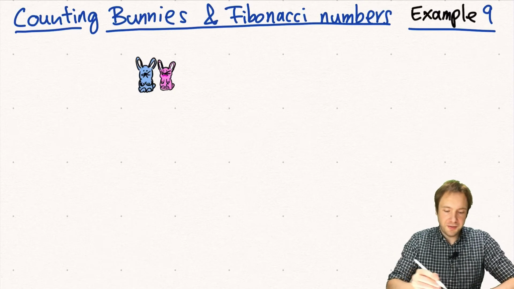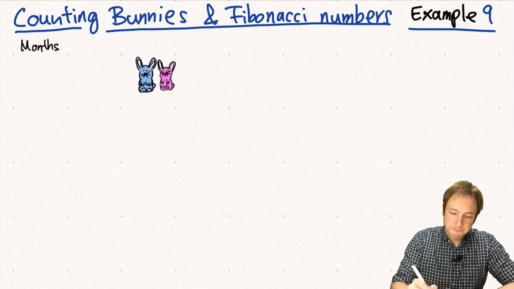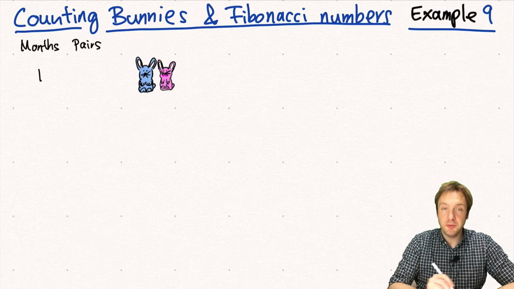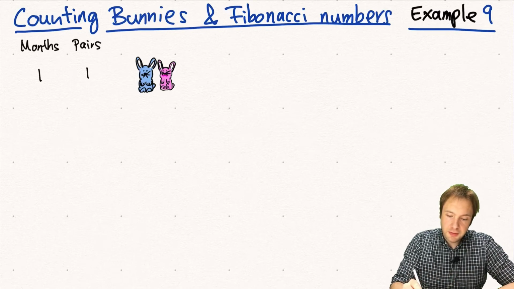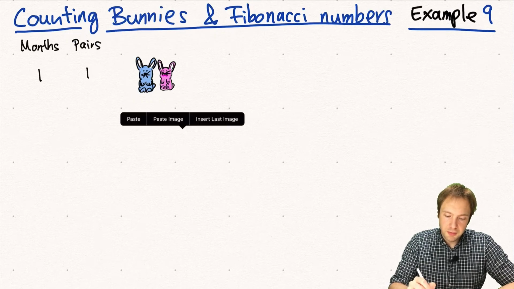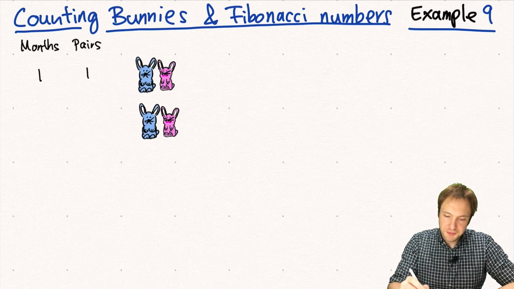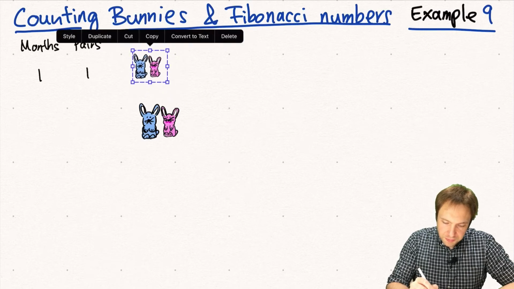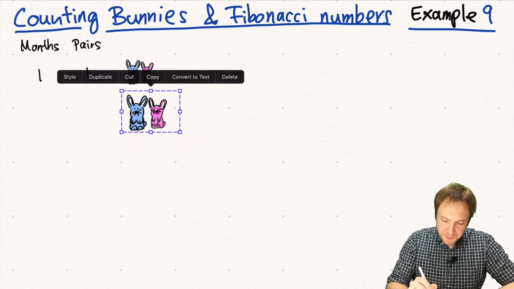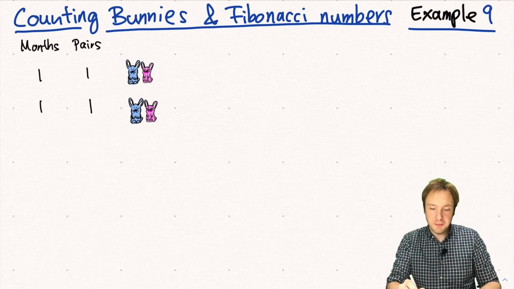So let's start here and make a table: month and bunnies or pairs. In the first month we start with 1 pair of bunnies, and because bunnies can only reproduce after 1 month, they will not make a new pair after 1 month. Maybe let's make the bunnies a little bit smaller. So after 1 month I still have just 1 pair of bunnies.